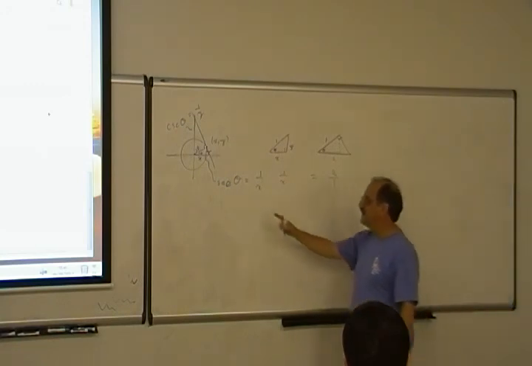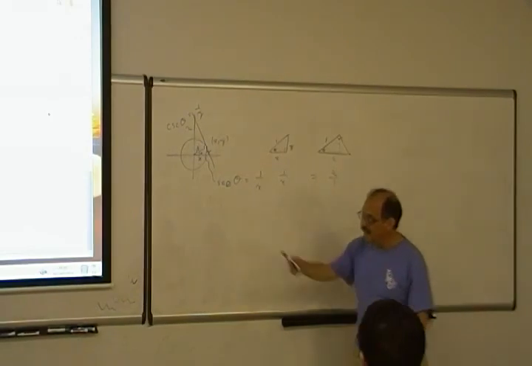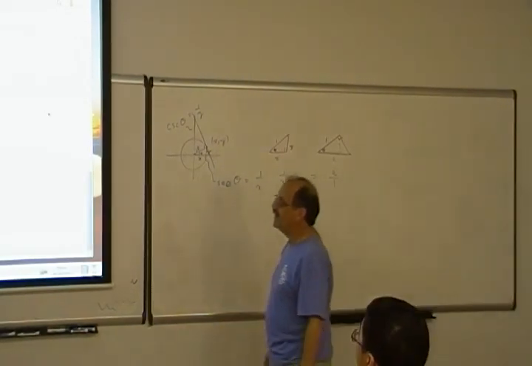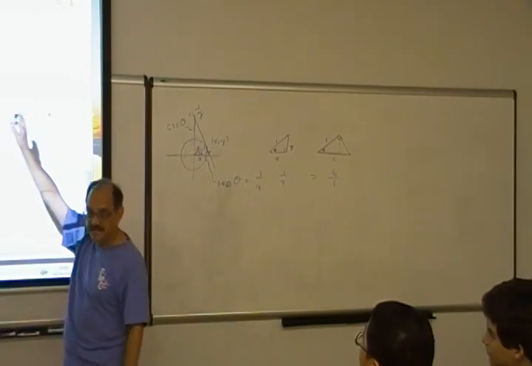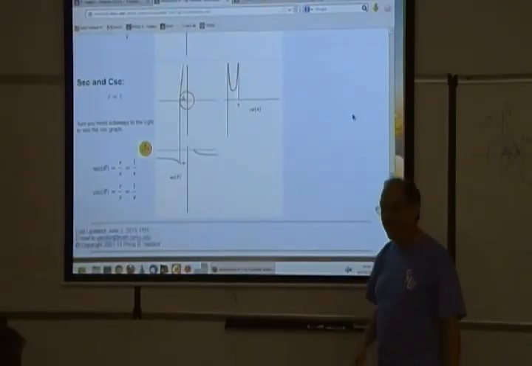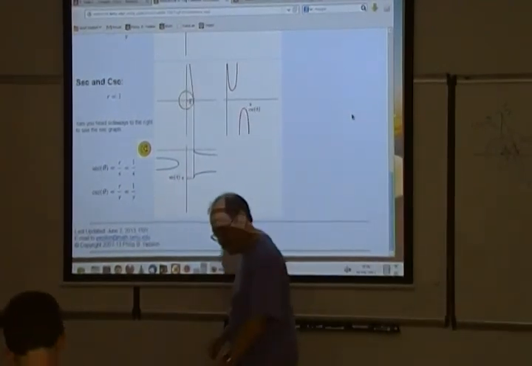And 1 over x is the secant. Okay? So there we have all these different pictures. Amy, I had drawn the sine and cosine one and animated them, and she came and animated the other two for me. Okay? And so that was a good job. That's why her name's on it.